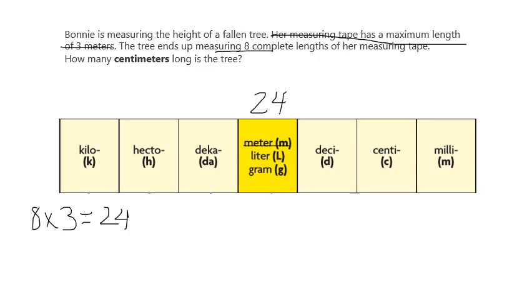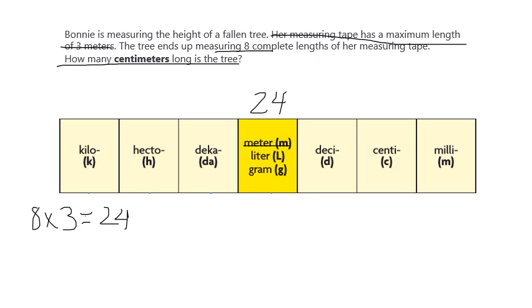Let's go back to the question. So we know that her measuring tape has a maximum length of 3 meters, and her tree ends up measuring 8 lengths, which was 24. Now we have to find out how many centimeters long the tree is. How many centimeters long is the tree?